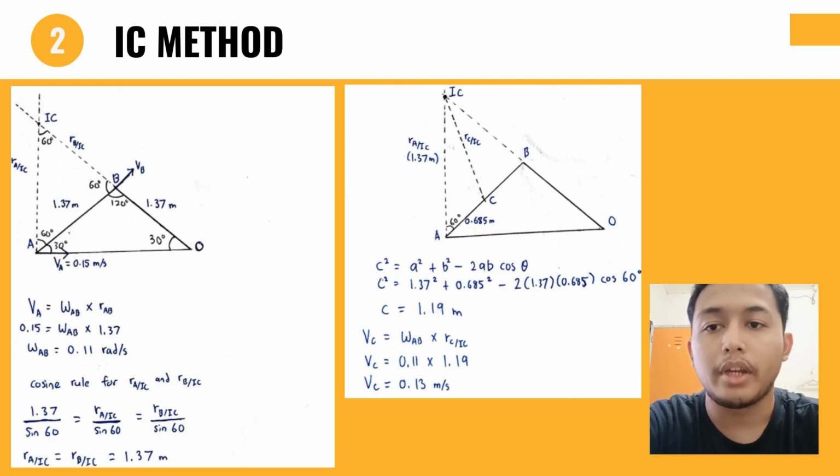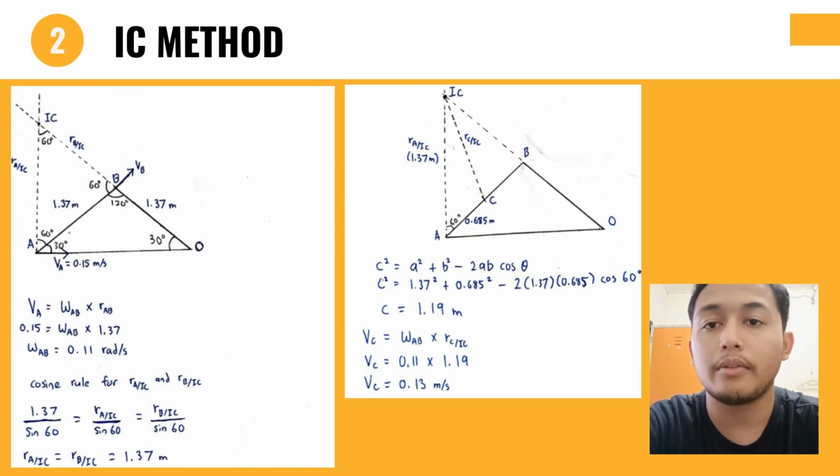And then from that we can find omega AB, which is 0.11 rad per second, and then we use the cosine rule to find RA/IC and RB/IC, and then after we find that, we get the point.